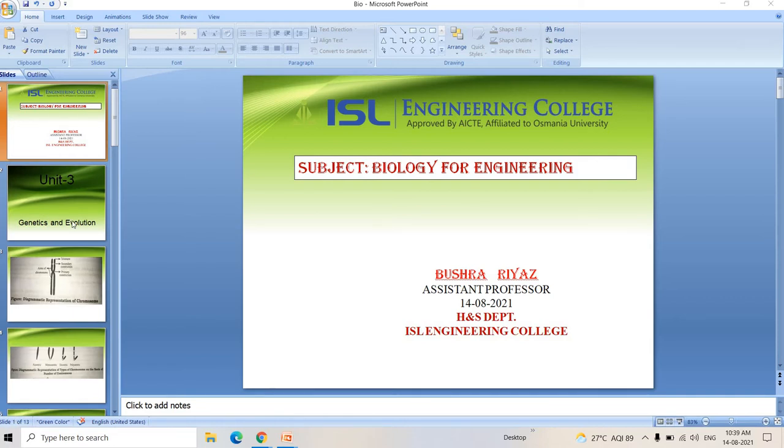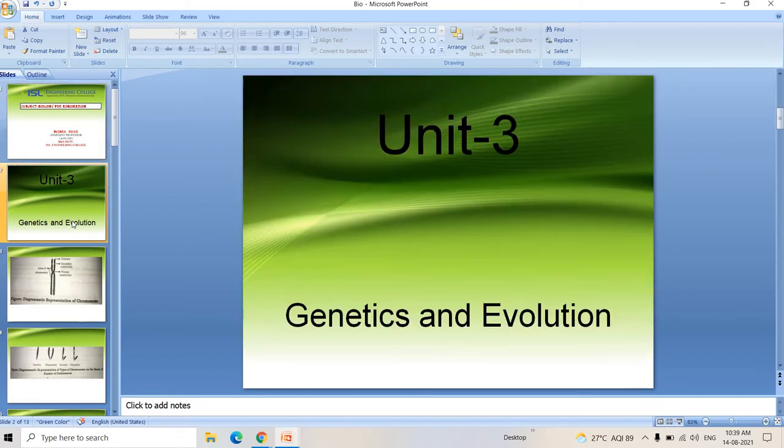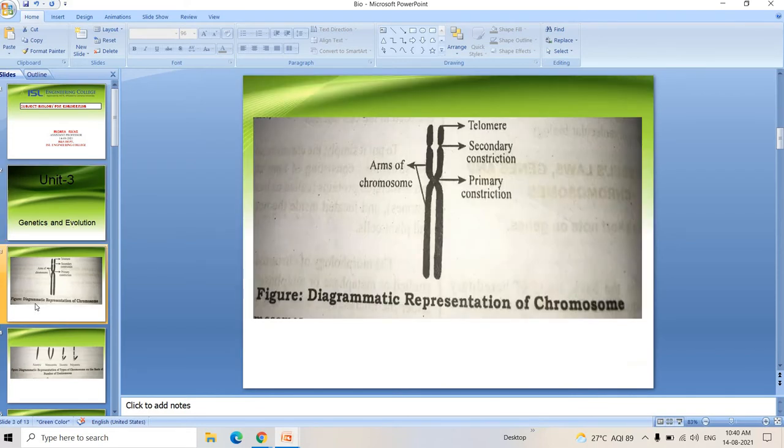In our last session, we saw the topics of Unit 3, Genetics and Evolution. We shall continue with this Unit 3. The next topic we are going to study in today's online session in this Genetics and Evolution unit is chromosomes.